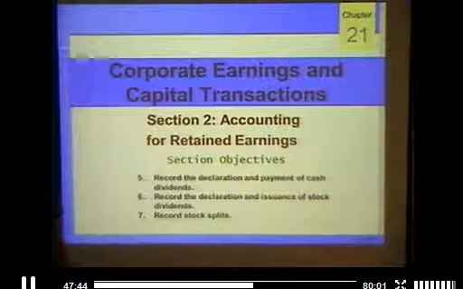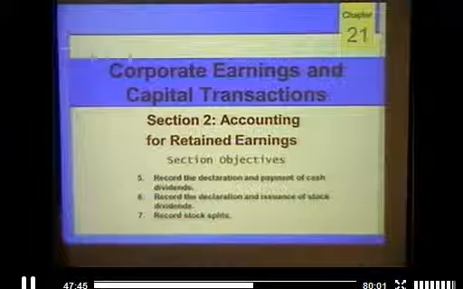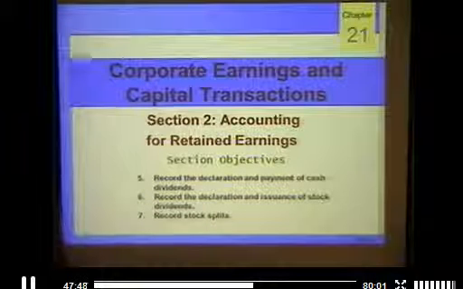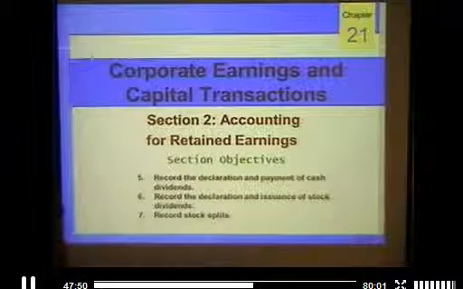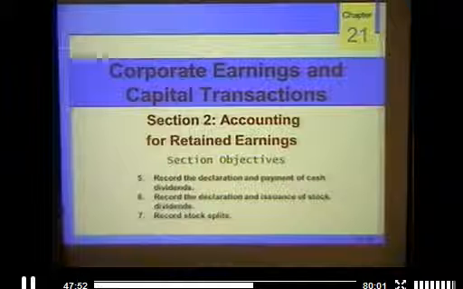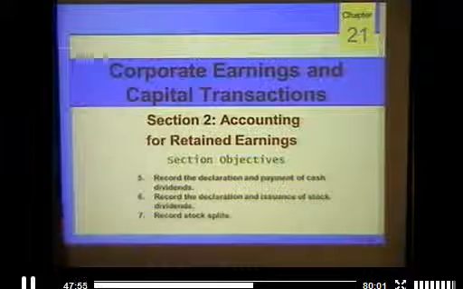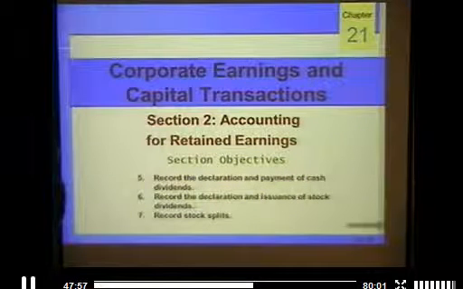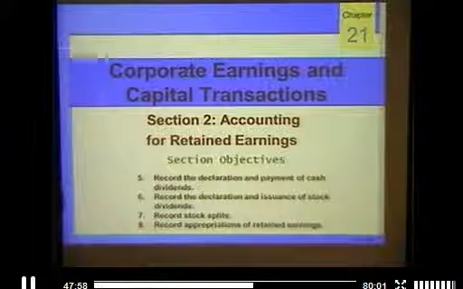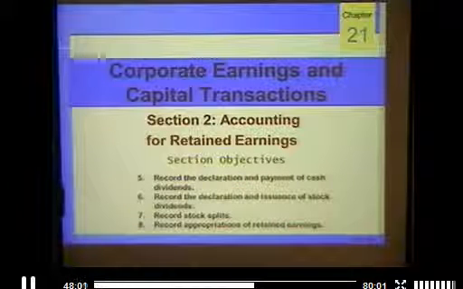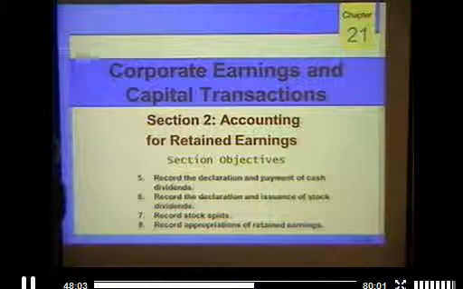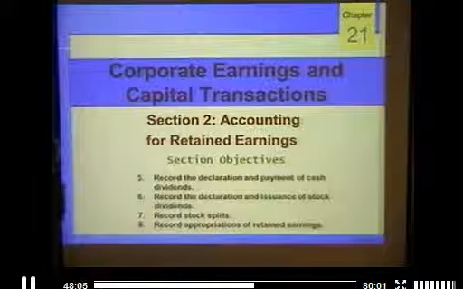They split the stock. Instead of having 10 shares at $100, they now have 20 shares at $50. Very, very good when that happens, right? Because then it starts building back up, usually to the $100 level in the regular market. And recording any appropriations of our retained earnings, which would be like for preferred stock dividend payment.